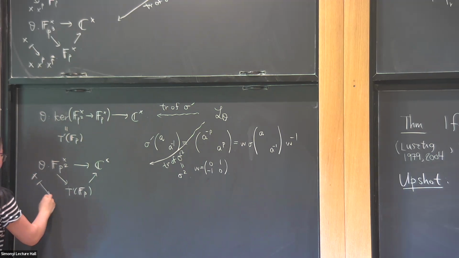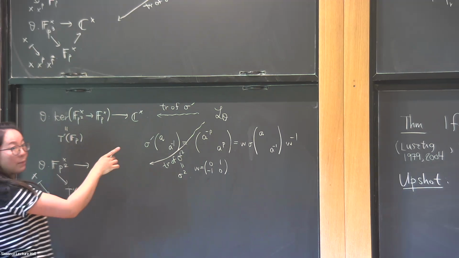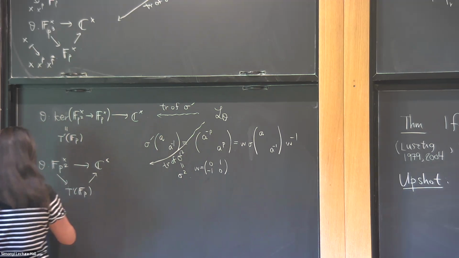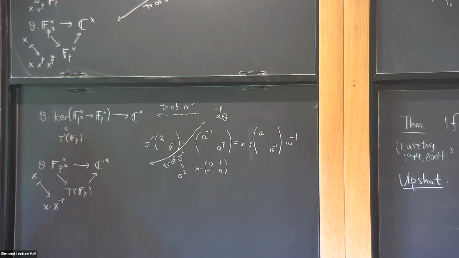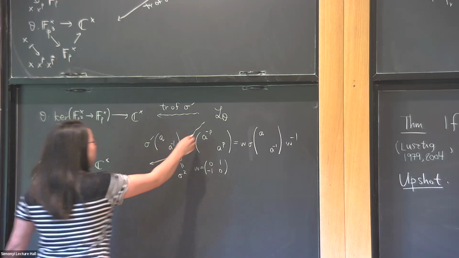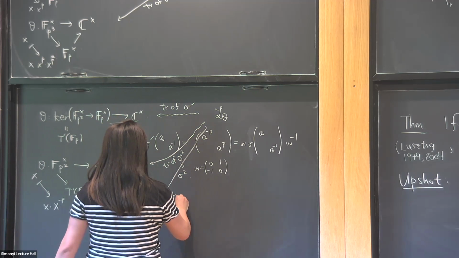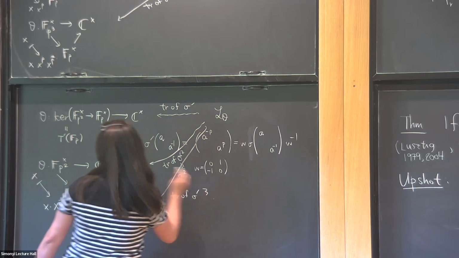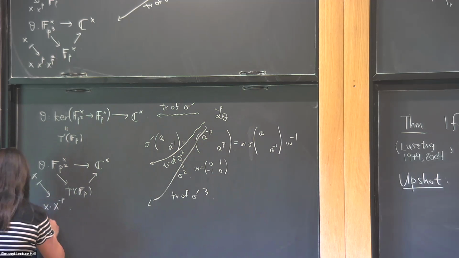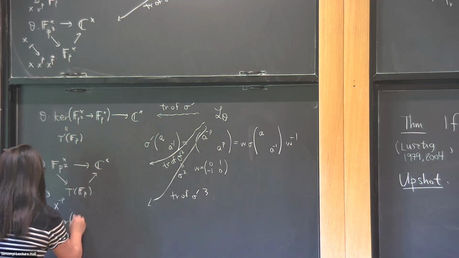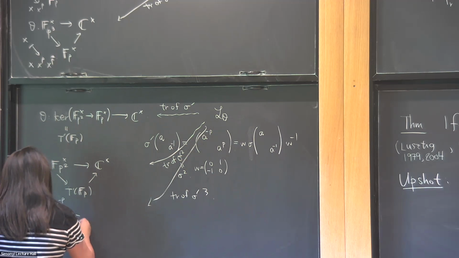I take x to x times sigma prime of x, and sigma prime of x is x to the minus P. So this is something all of you can check, that the image of this thing is exactly the kernel. Okay, so we have this now, and we can do it one more time. Let's do it one more time. Trace of sigma prime cubed. And what will I get? Well, I'll tell you what you get, and then you can check it for yourself.